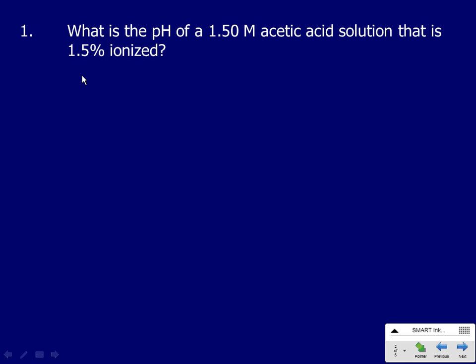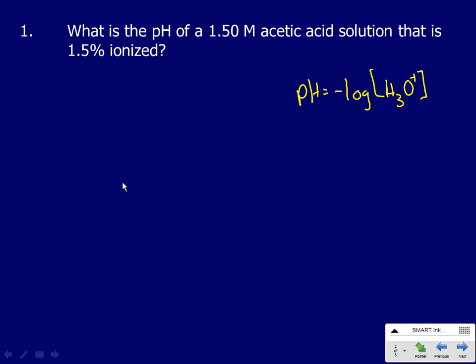So here we've got what is the pH, which means the last equation that I'm going to use to answer the question is the pH equation. I'm just going to put it over here off to the side. pH equals negative log of H3O plus, which means I need the H3O plus from the percent ionization equation.